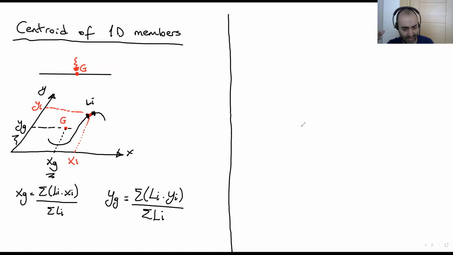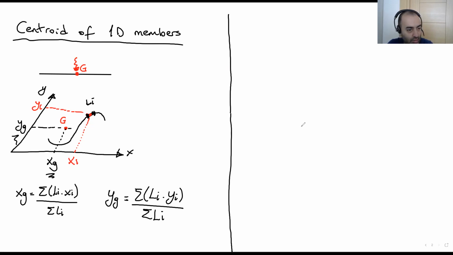So this is the easiest way to calculate the centroid point of the members. Now we are talking about simple sections. If we have complex shapes, I'm gonna explain the table method, as I mentioned previously.